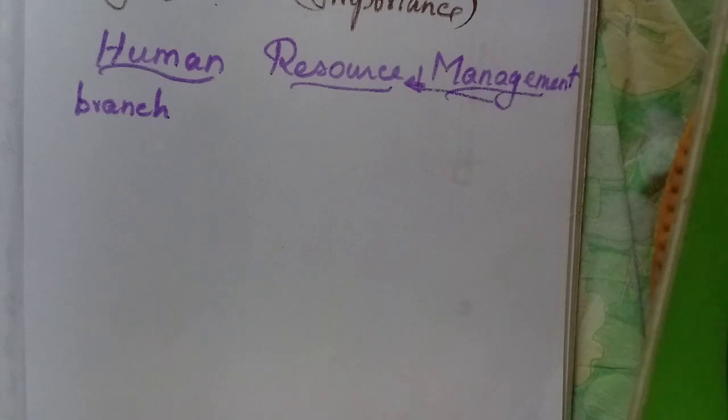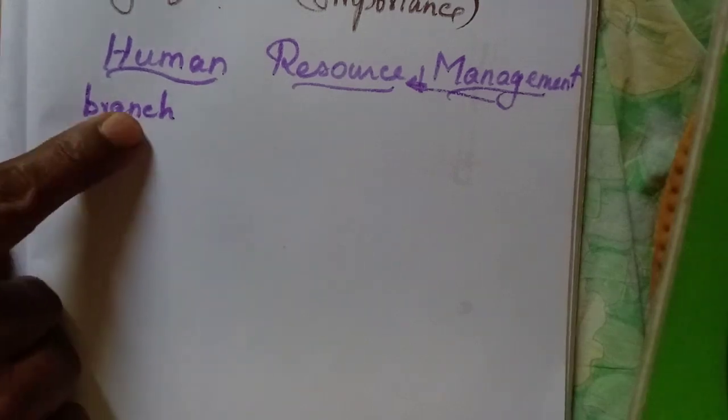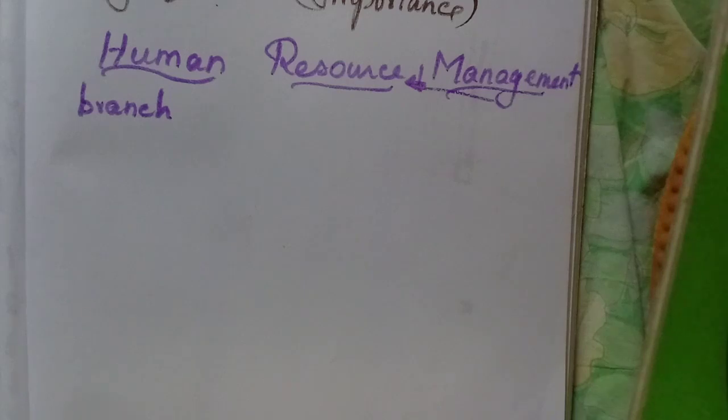So we can say human resource management is a function of management. First we studied it as a branch of management, now we can say it is a function of management concerned with hiring, motivating, and maintaining people in an organization.